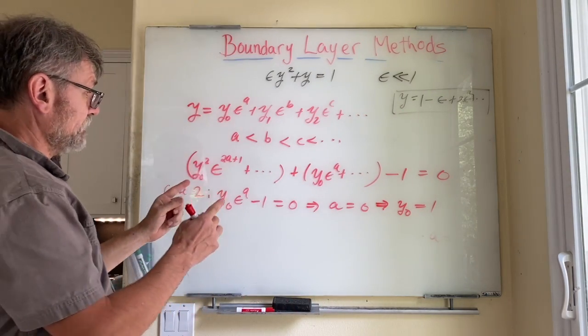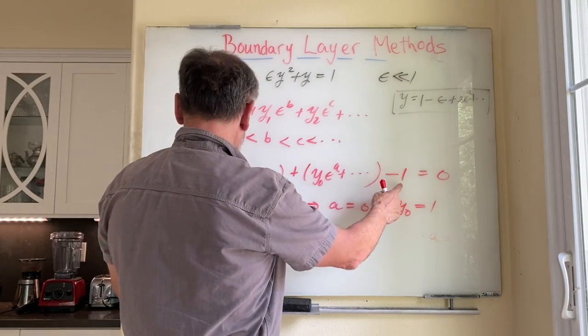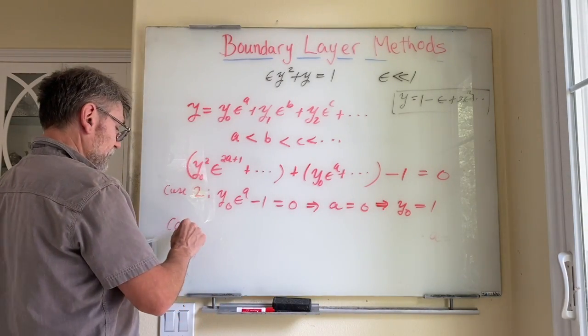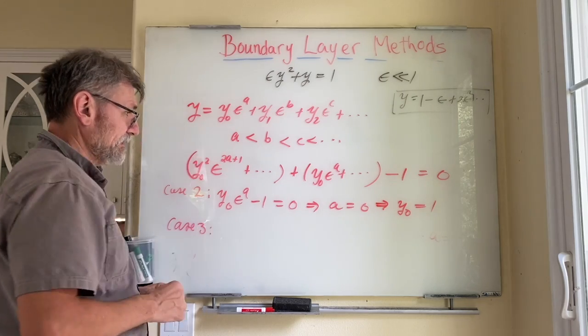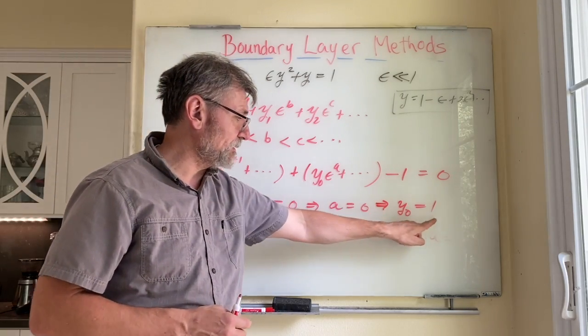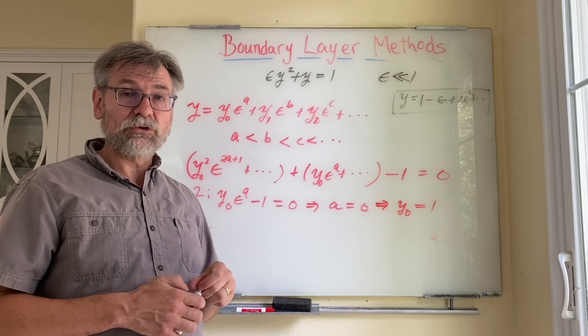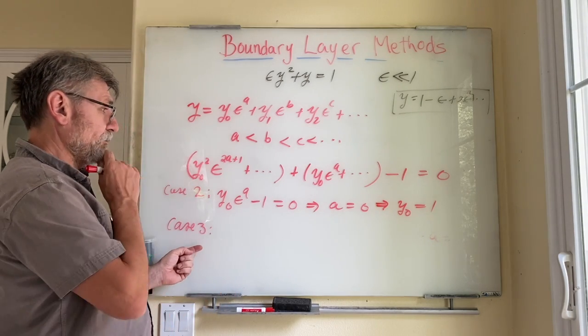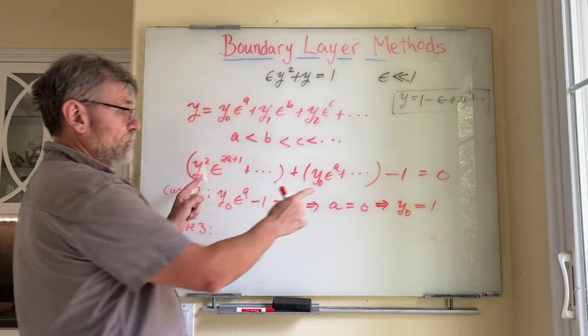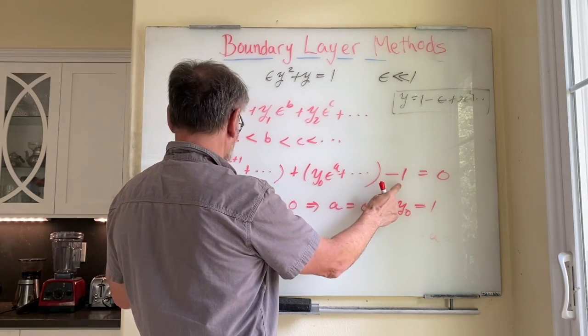But there's another case, the one where the first term balances the last term. So we already found the beginning of the perturbation series that will be equal to the two known roots of the quadratic equation. We might wonder, what about the third possibility where the first and the last term balance?